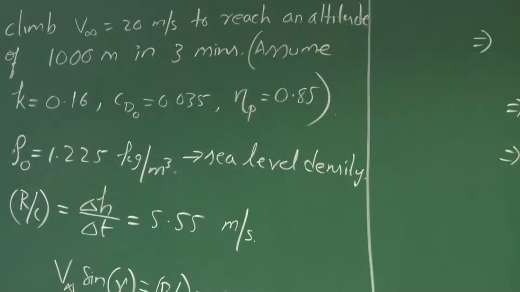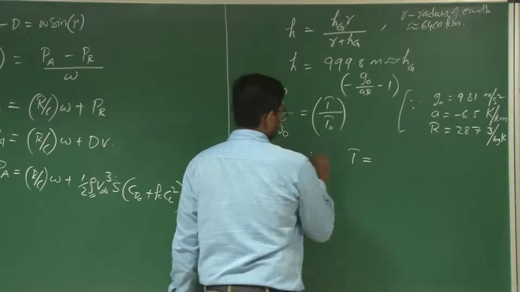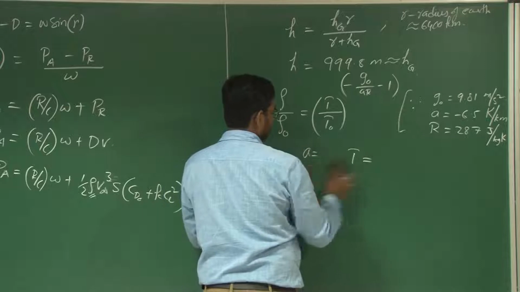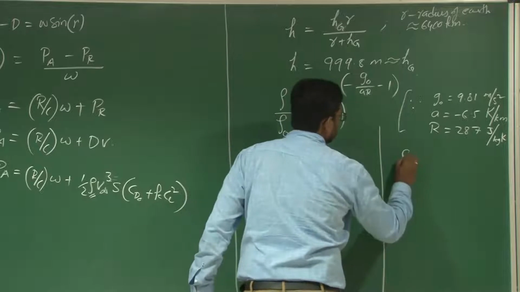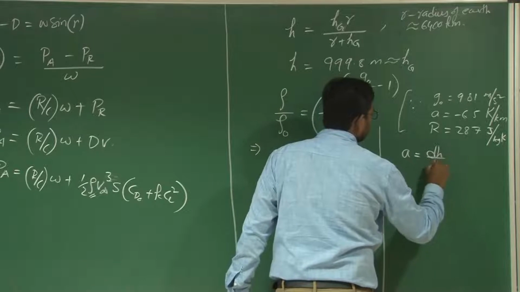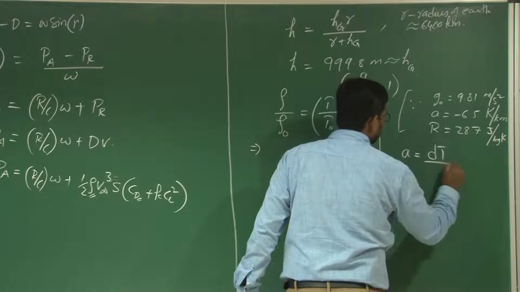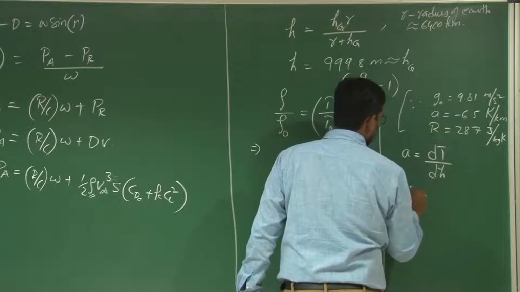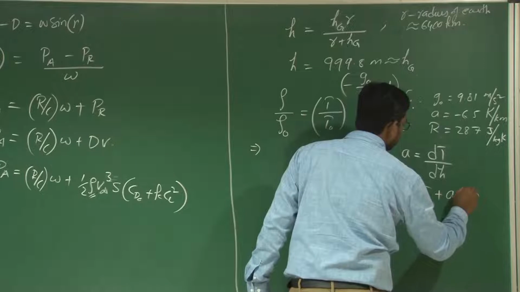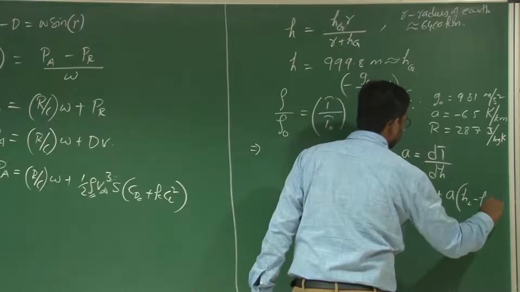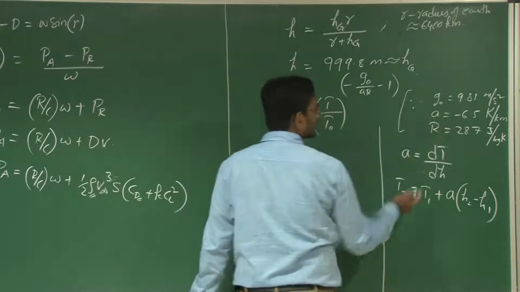So, how to find T? We know from the definition of lapse rate, A is equal to dT by dh. So, T2 is equal to T1 plus A into H2 minus H1 for a gradient layer. A is minus 6.5 for the first gradient layer.